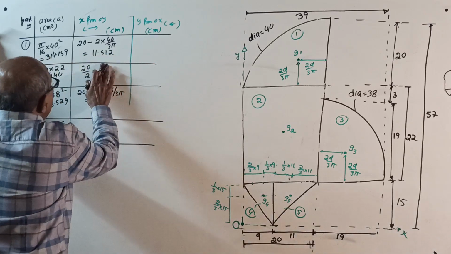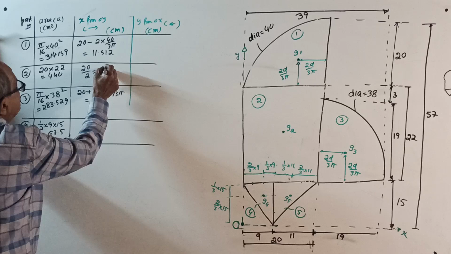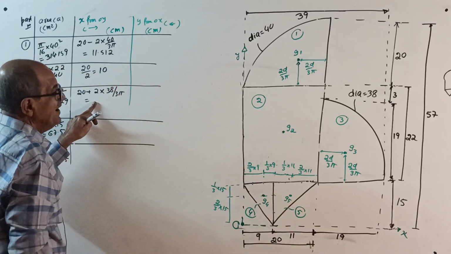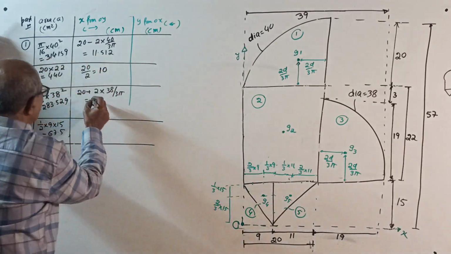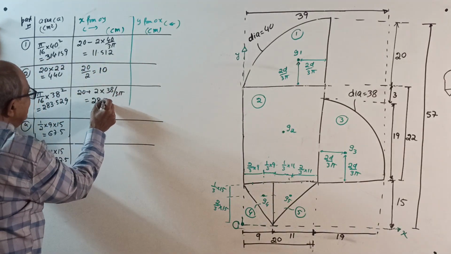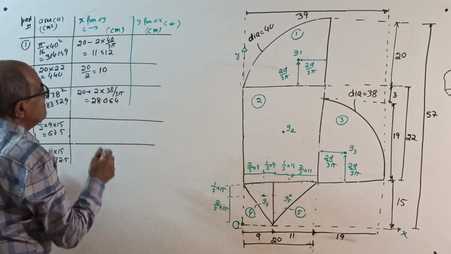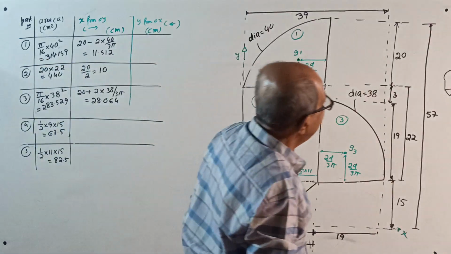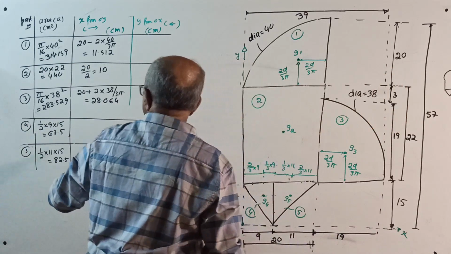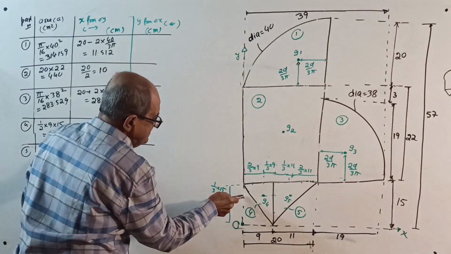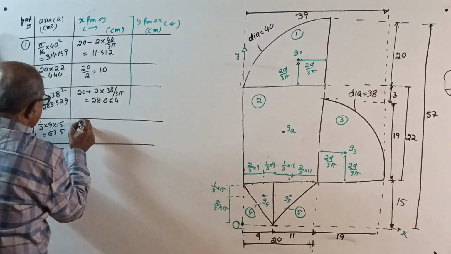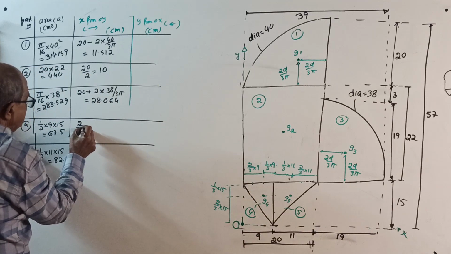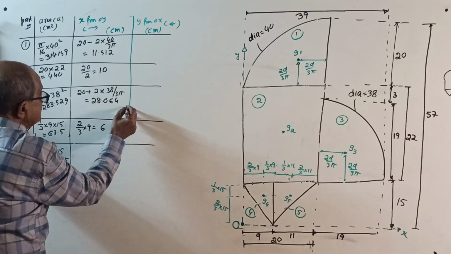This is 10. Okay, 20 by 2 is 10. Figure 3 comes out to 28.064. Sometimes it happens, I don't know why it came 11. Figure number 5, this distance is 2 by 3 of 9, which is 6.